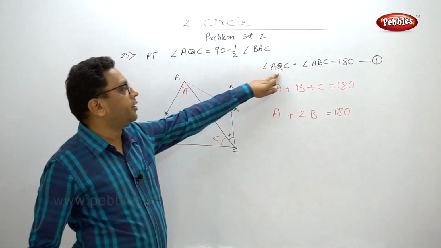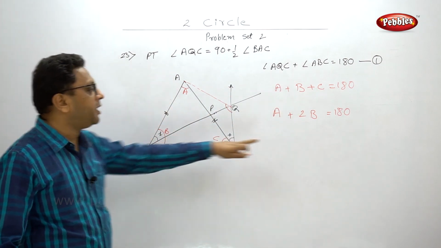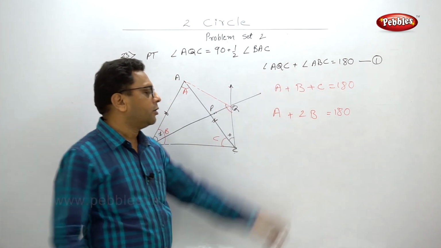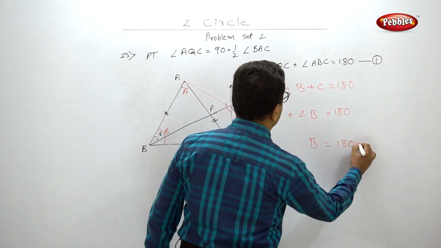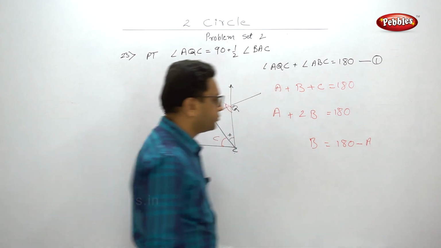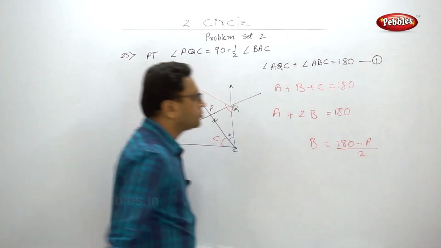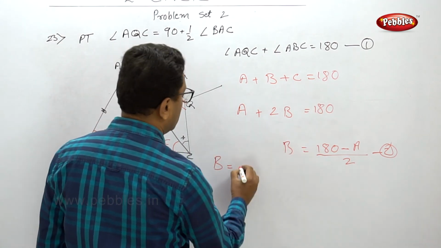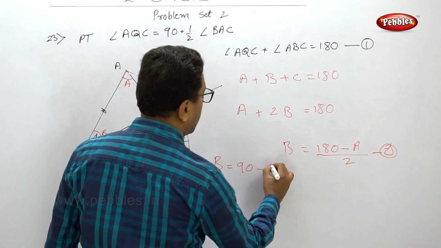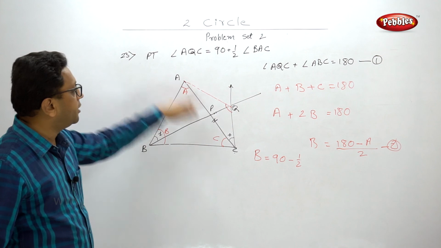AQC I already got in equation 1. ABC, that is angle B, we have to substitute here. So angle B is equal to (180 minus A) upon 2. By further solving this I will get B is equal to 90 minus half of angle A, that means angle BAC.